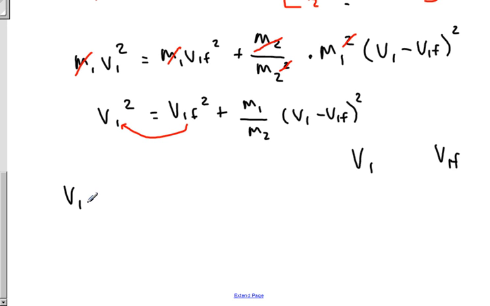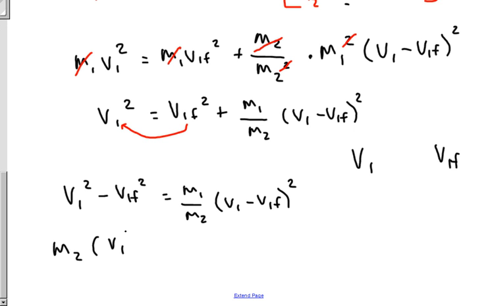We're left with v1 squared minus v1 final squared equals m1 over m2 times v1 minus v1 final quantity squared. I'll distribute the m2, and I'll be left with m2 times v1 squared minus v1 final squared.